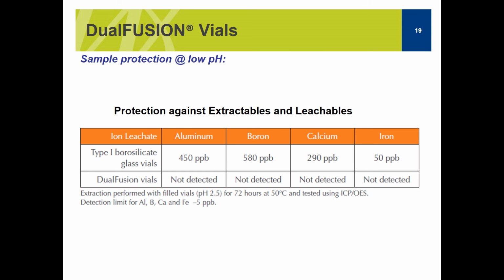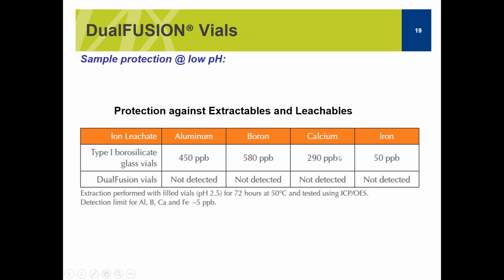So again, DualFUSION, that's great. Show me the data. So let's talk about low pH. We know that this is called ion exchange reactions. If we look here at the porous silica type 1 glass, we can see a lot of aluminum, boron, calcium, and iron coming out.